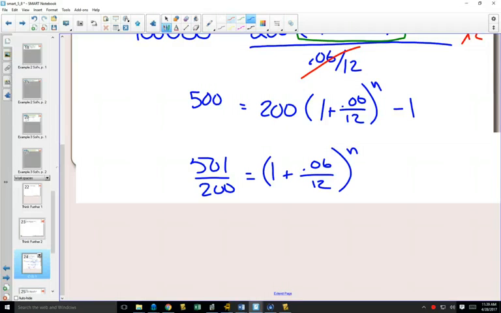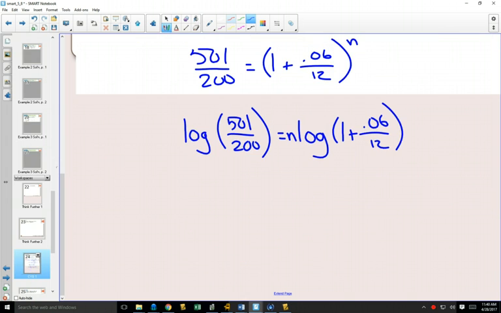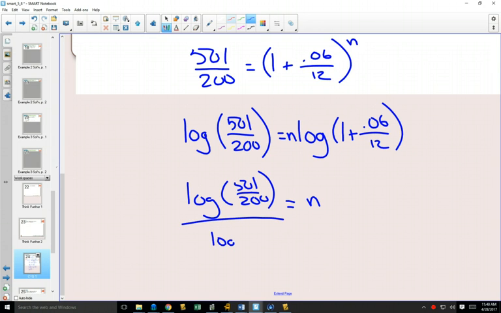The nice thing about getting that power by itself is now you can take the log of both sides, and that n will come out in front because it's the only thing that's the exponent to the entire thing. And we can solve for n by dividing.